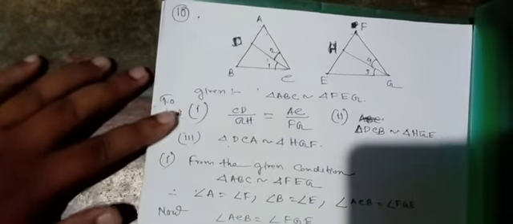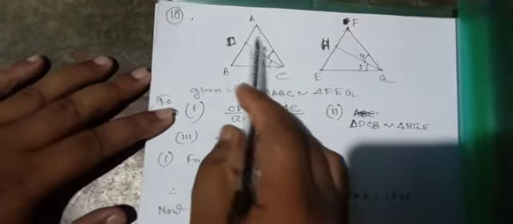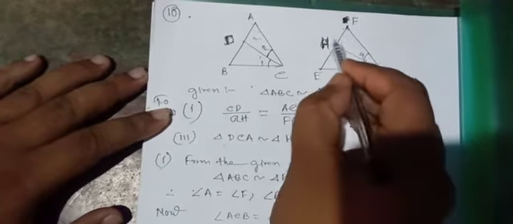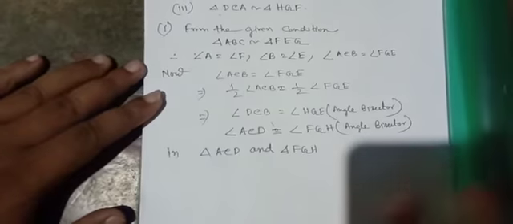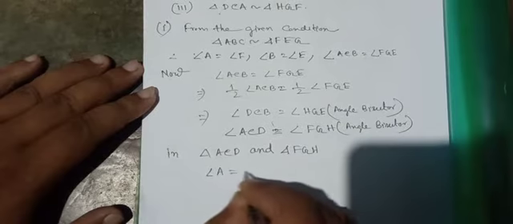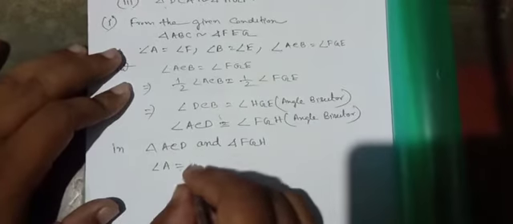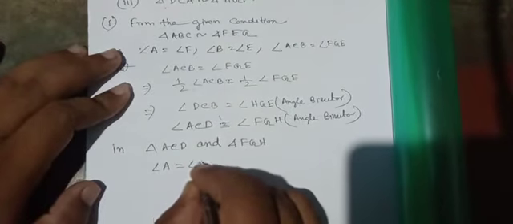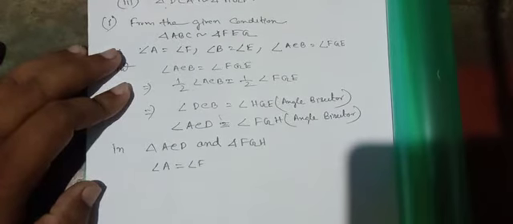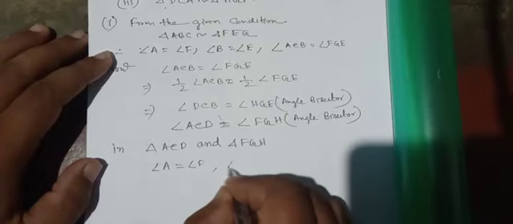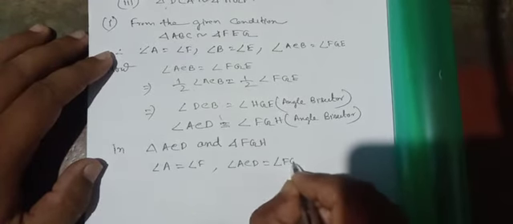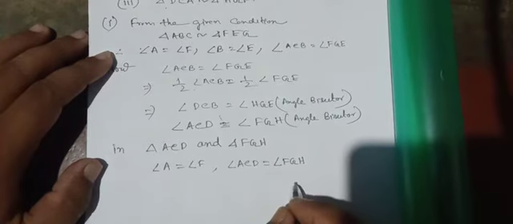In these two triangles, angle A is equal to angle F. Angle ACD is equal to angle FGH.